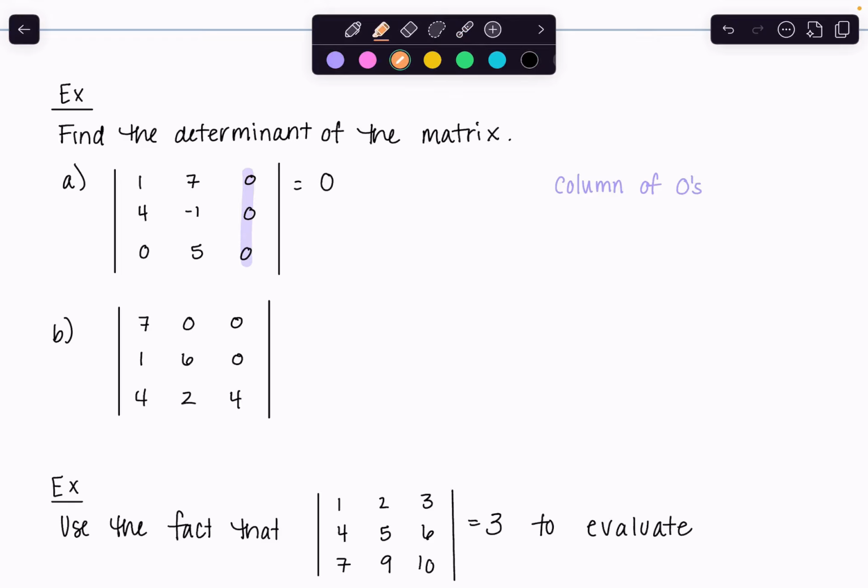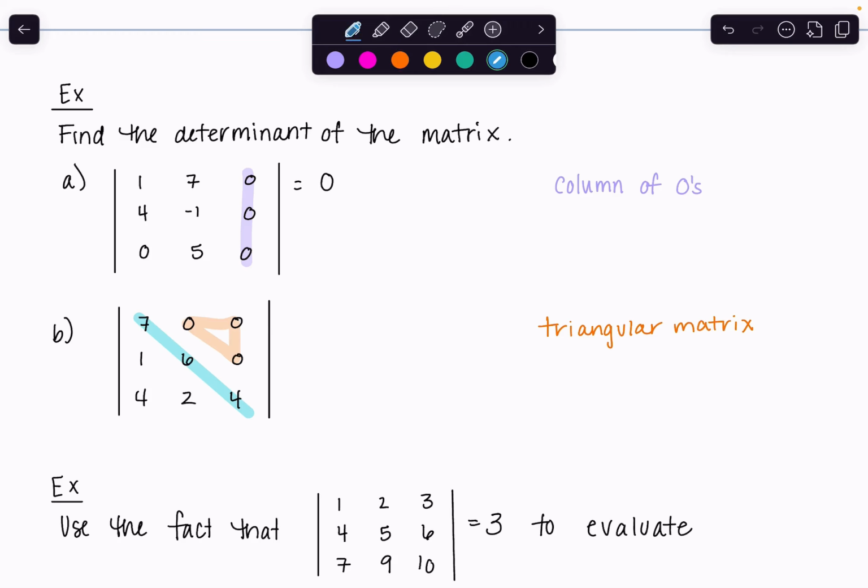For the second one, if I look in here, I have a triangle of zeros. So to find my determinant, I just multiply the main diagonal. So this is a triangular matrix. Again, this is called lower triangular because all the elements are in the lower part.